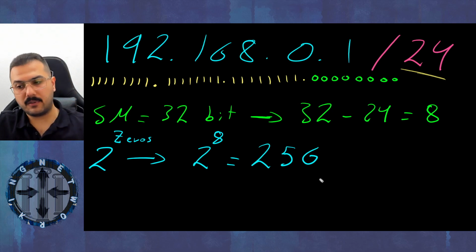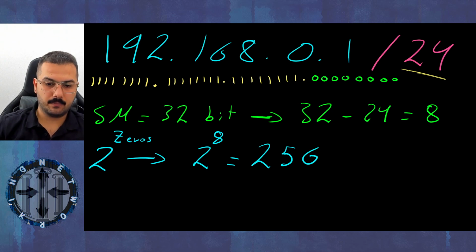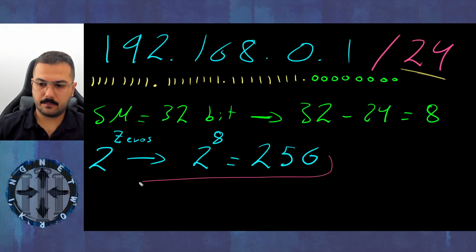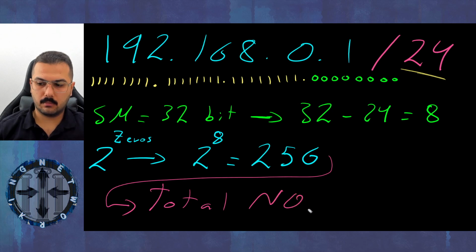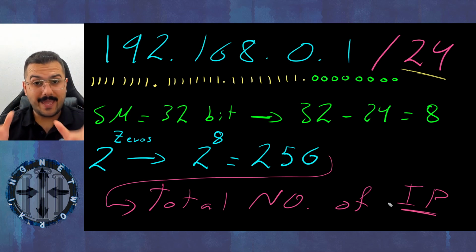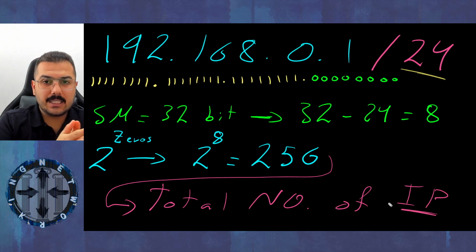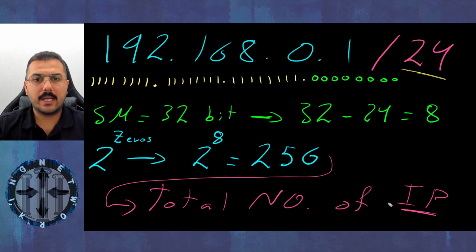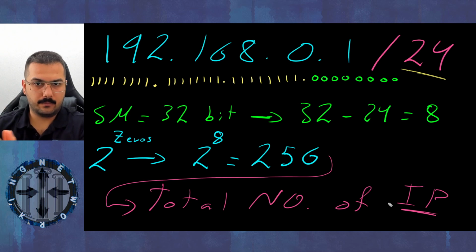Now 256 is the total number of IP addresses within one single broadcast domain, also known as one single network, one single domain, one single subnet.